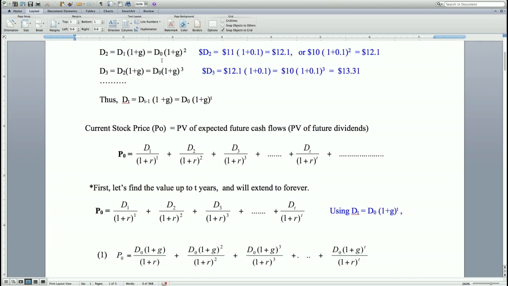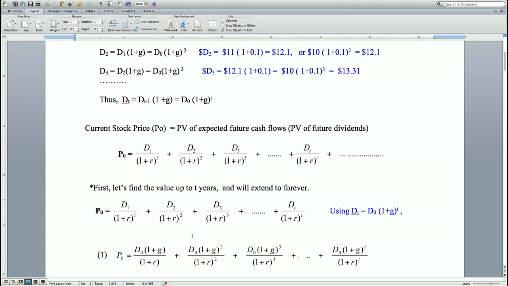D2 is D0, 1 plus G to the power of 2. And D1 is D0, 1 plus G to the power of 1. So D1 will be replaced with D0, 1 plus G to the power of 1. D2 is D0, 1 plus G to the power of 2, so we use this instead of D2. D3 is the same: from the current dividend, 1 plus G to the power of 3, and you multiply on and on. Then DT is D0, 1 plus G to the power of T.